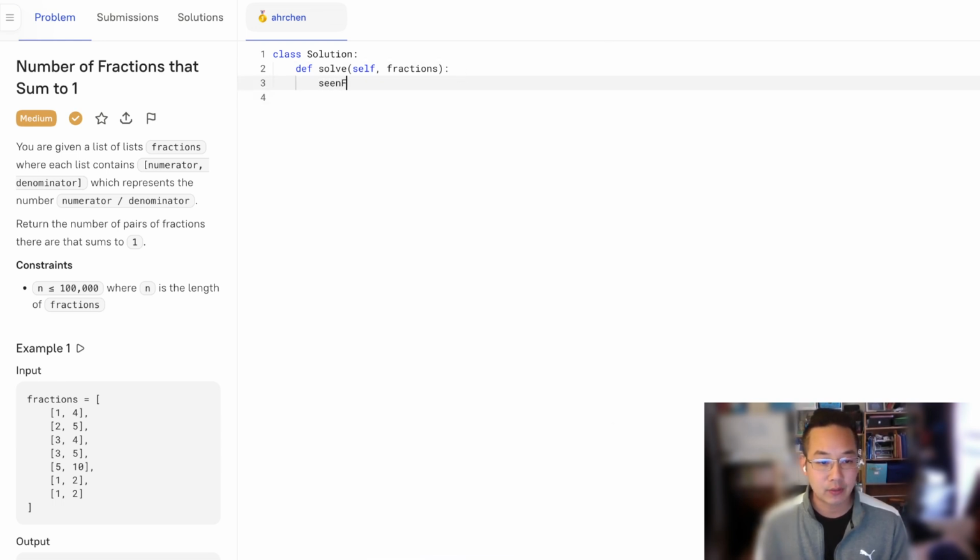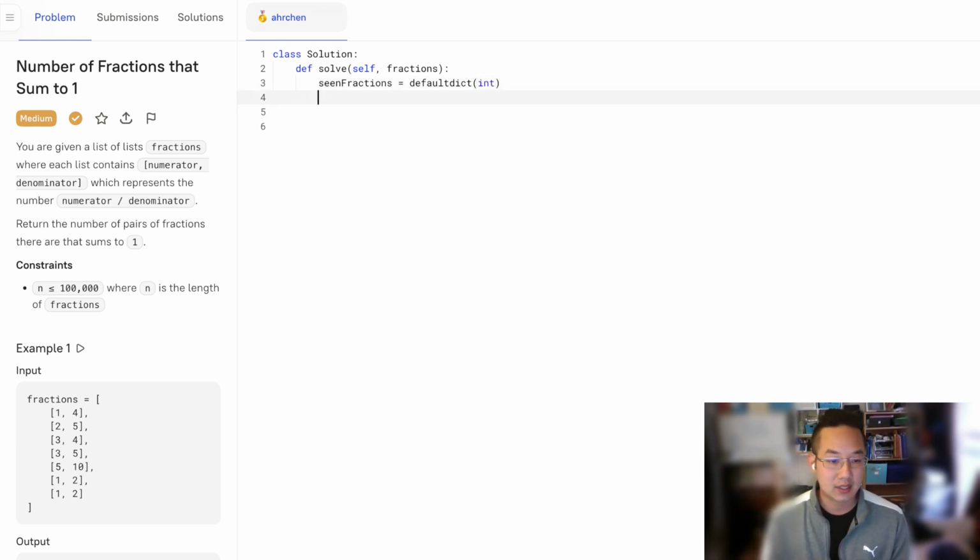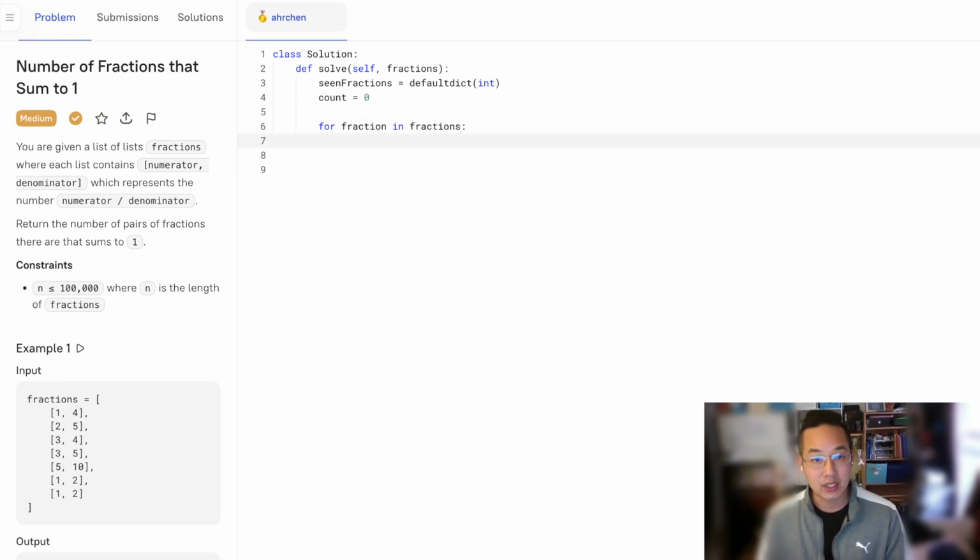So what we're going to do is seen fractions. What that means is that we have seen these fractions, and we're going to set these as ints, and we're going to get a count of 0. So for fraction in fractions, what we're going to have to do is take the greatest common divisor and divide it by the numerator and the denominator so that we can get a common pair of numerators and denominators so that we can say we have seen them.